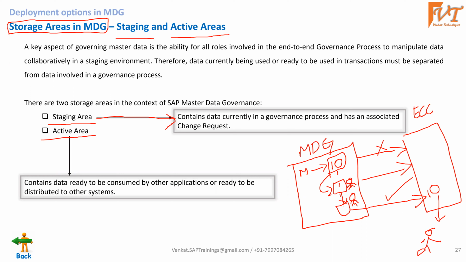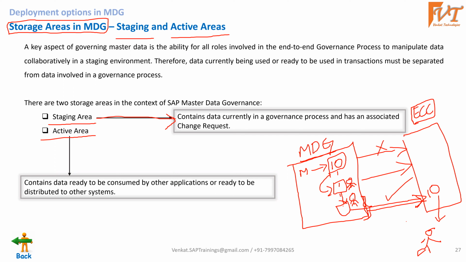So up to this point, where is our data? Only in MDG. And after the activation, where is our data? In our transactional system. Up to this point, if we want to keep this data in the system, we definitely need some storage. We cannot store it on the fly. There should be some storage to save this data temporarily till the final activation.